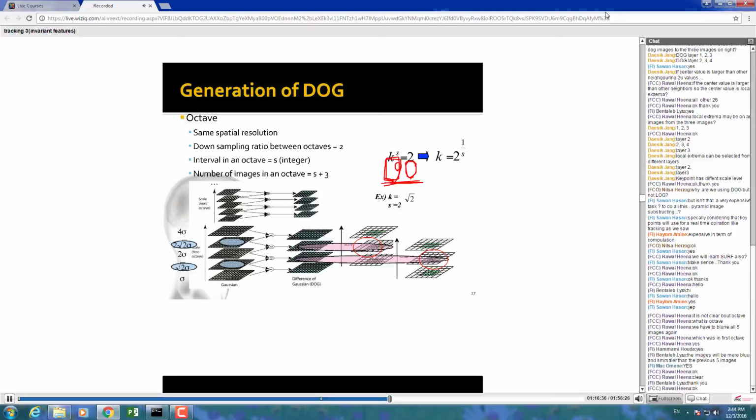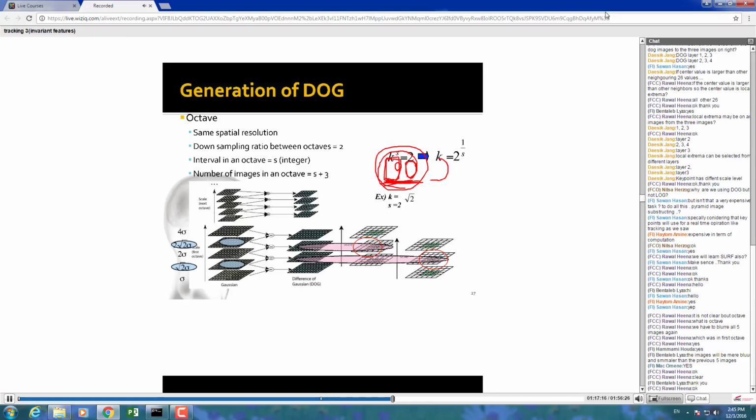So to have this in the second octave, if we are expecting a scale-down factor of 2, then K power S should be equal to the scale ratio 2.